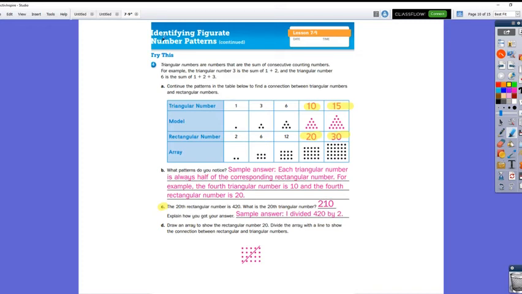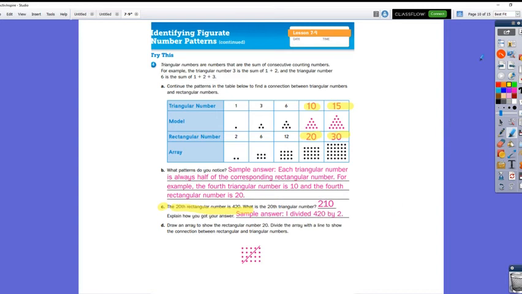The 20th rectangular number is 420. What is the 20th triangular number? 210. How do we know that? Well, it explains right here how you got your answer. I divided 420 by 2 because the 20th triangular number is going to be half as much as the 20th rectangular number.